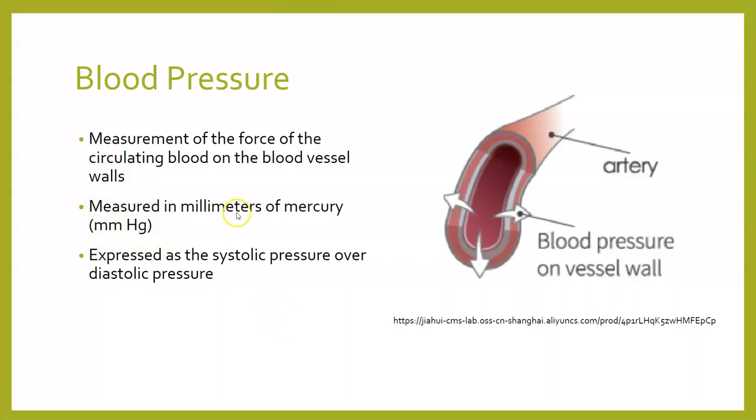That's how it's measured. And then it's expressed as a systolic pressure over a diastolic pressure. And you'll see it looks like a fraction. I'm sure y'all have seen blood pressures being taken before, seen your own blood pressure, so you kind of know what I'm talking about there. So just think about it's the pressure that's being exerted on the vessel walls.